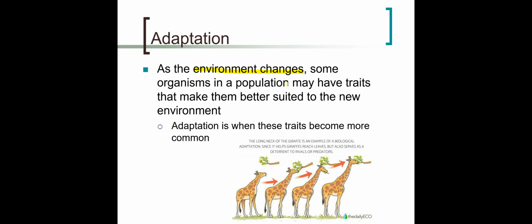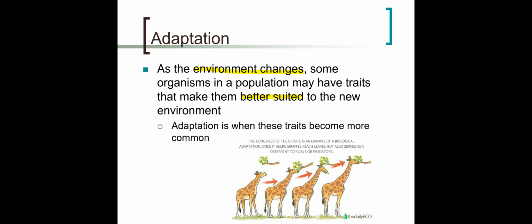And so not all are going to be created equal. And so there's going to be different traits or slight variations of traits. And so certain organisms within that population may have traits that make them better suited. So like the giraffes with the longer necks can eat more. The bears with the thicker coat and fat are going to survive better in a cold environment.